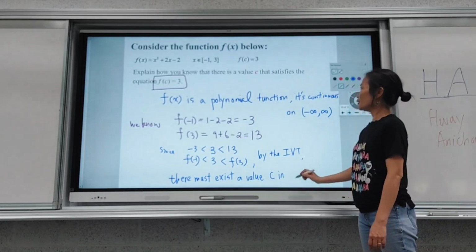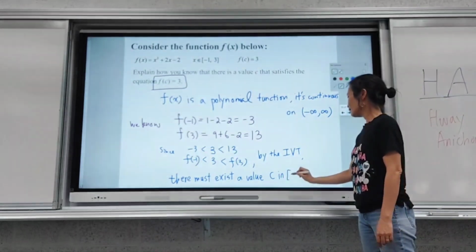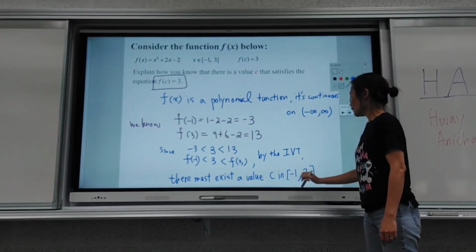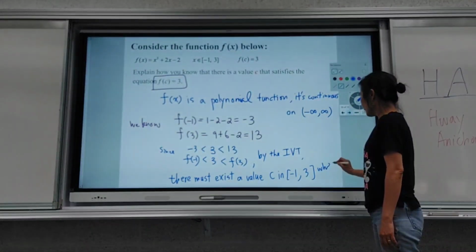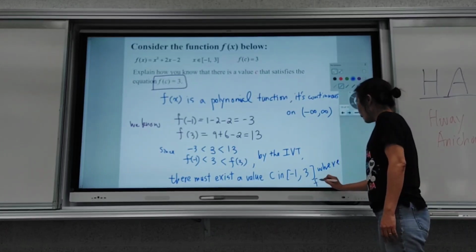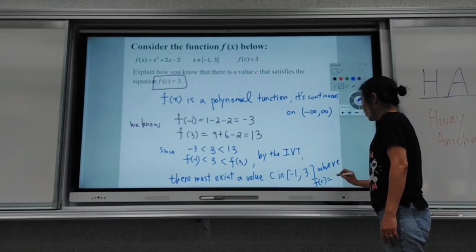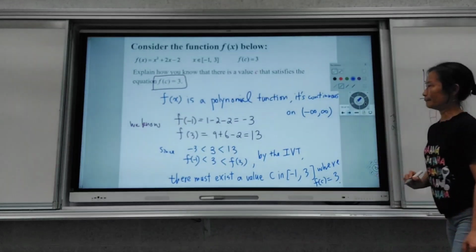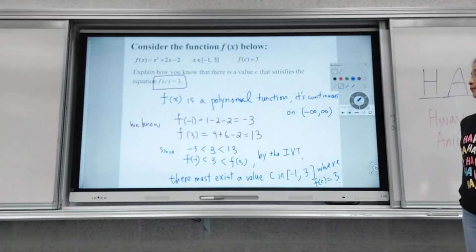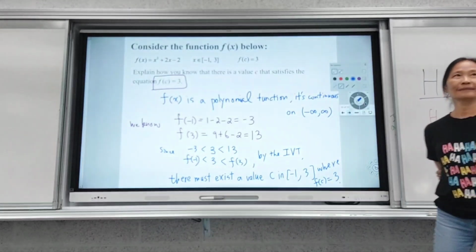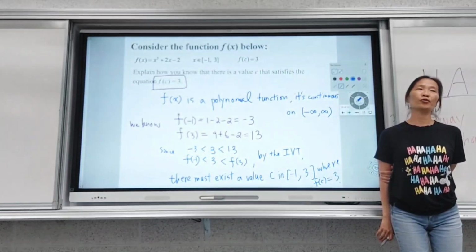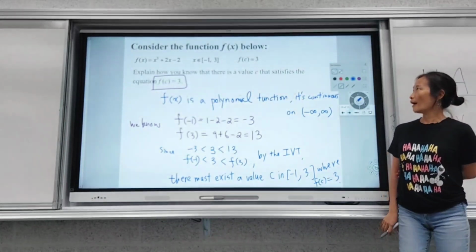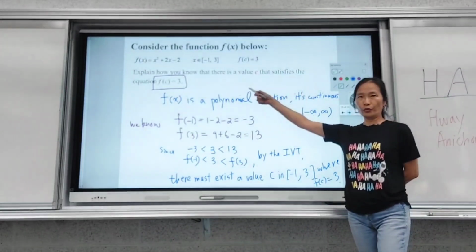By the way, here you can use closed or open. It's fine. C must be in here, where f of c is equal to 3. Finished. That is the thorough way to justify why IVT guarantees this will be true.